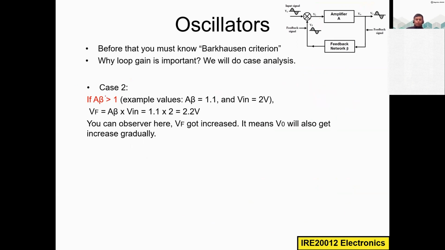Case 2: now we assume the gain of this entire loop, A beta, is greater than 1. Let us assume a numerical value. For example, A beta is equal to 1.1 and V in is equal to 2 volt.